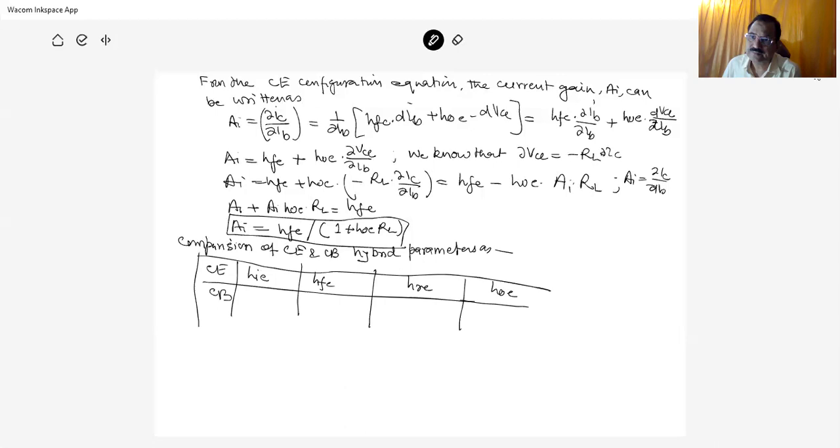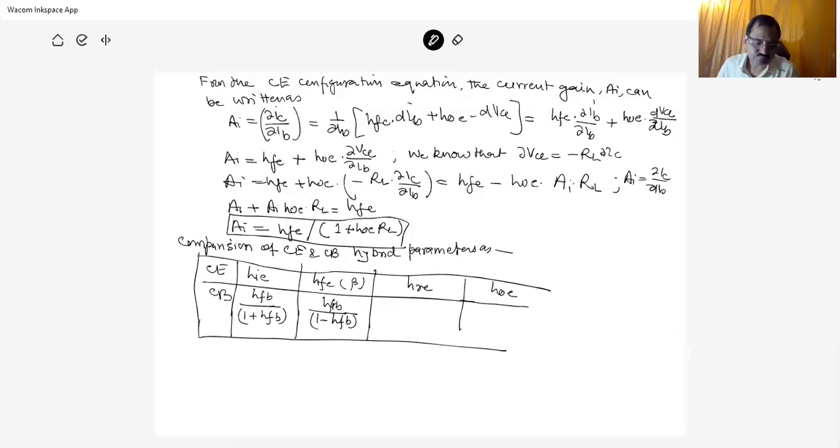So HIE is equal to HIB upon 1 plus HFB. This HFE is beta. So this is HIB, HFB, 1 minus HFB, because we will discuss just after.